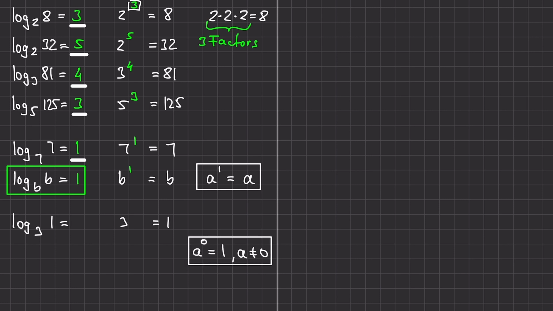So log base 3 of 1 equals 0. So when it comes to logarithms, when the argument is 1, the solution is always 0. If you want, you can memorize these two basic logarithmic properties involving 1.